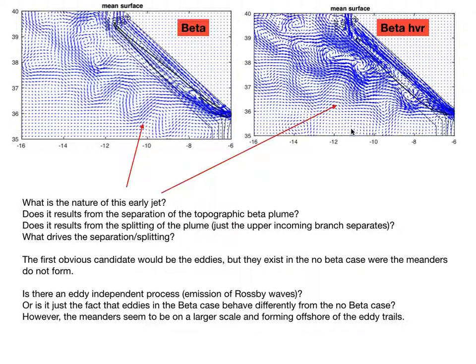That's probably the main difference and main aspect that we can observe here: we don't need any kind of difference in topography, and it might even happen independently of the generation of eddies.